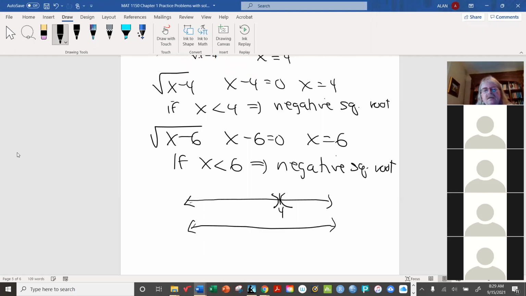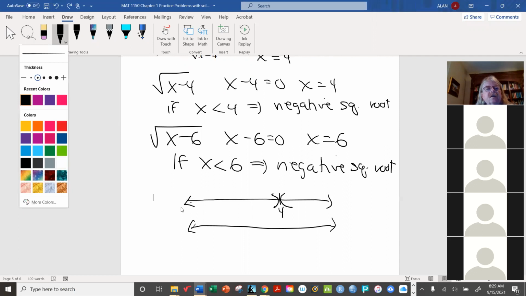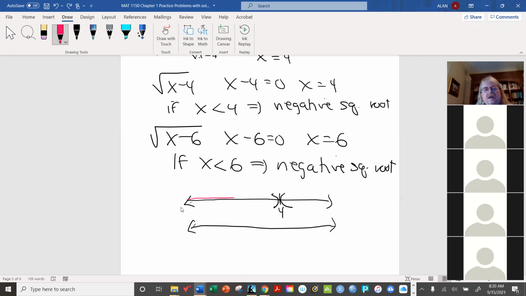So up here, actually, let me do this. Let me just change the color so you can actually see what I'm doing when I'm filling these in. So all of this is permissible. And so is this.